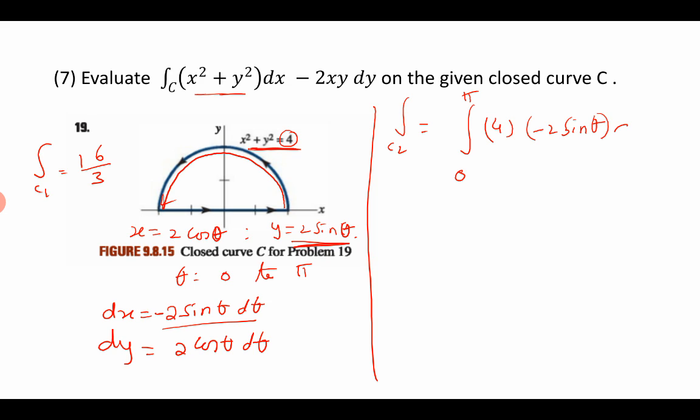Minus 2 sine theta d theta, the first term, plus the second term is minus 2xy. X is 2 cosine theta, y is 2 sine theta, and dy is 2 cosine theta d theta.